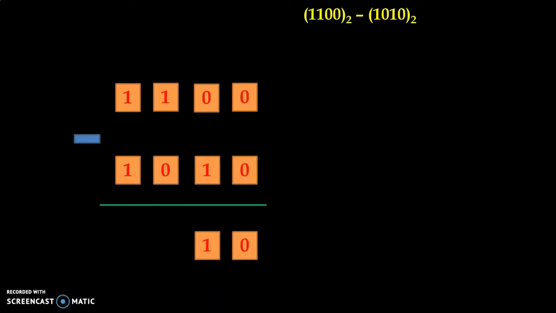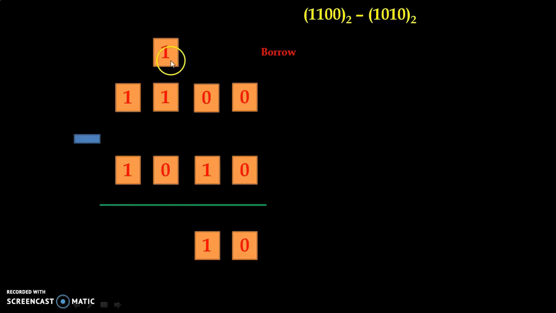So 0 minus 1, if we refer to our rules, then 0 minus 1 is 1. But at the same time, we will have to take a borrow. So 1 borrow we have taken. See, now the next step is very important. You should observe the next step very carefully.